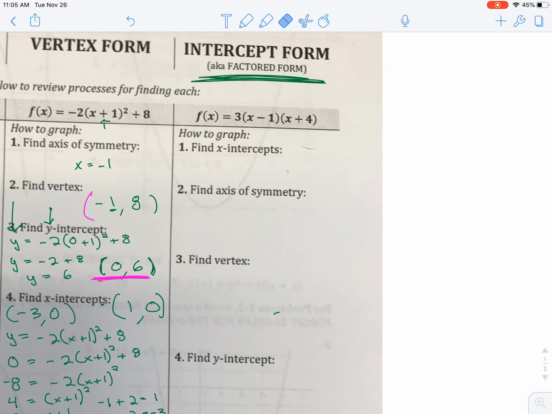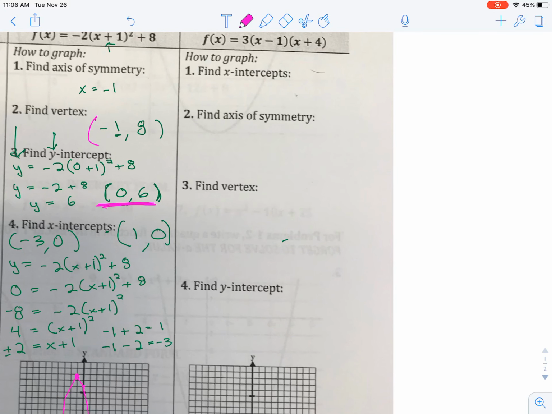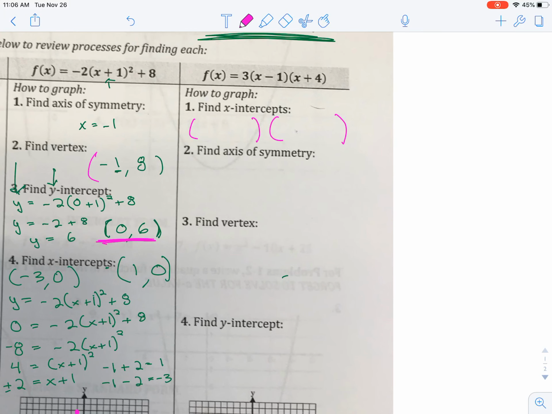Okay, now we're given this in factored form. Okay, so factored form, the easiest things to find are the x-intercepts. Okay, so remember, with the x-intercepts, what do we make y? We make y equal to 0.